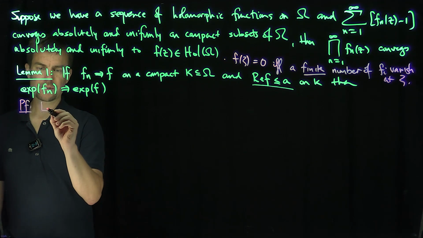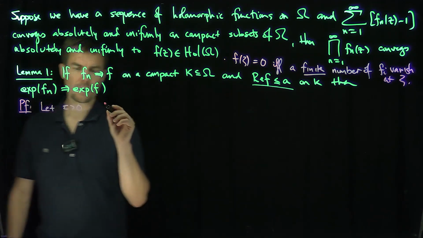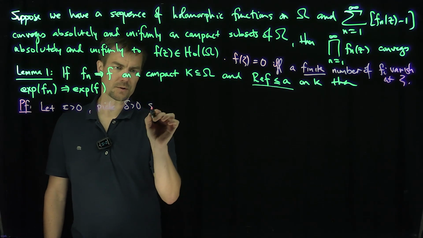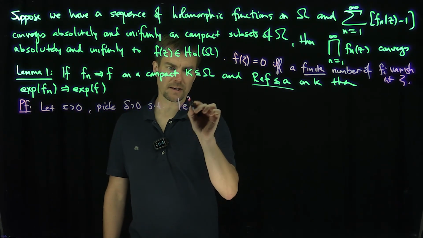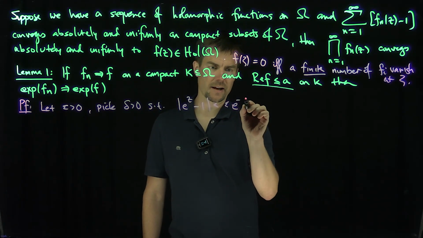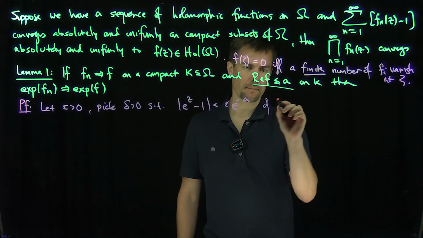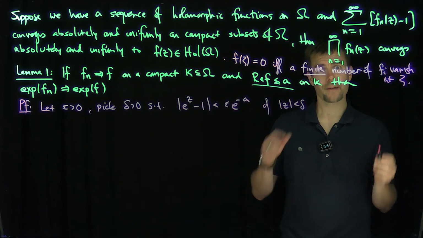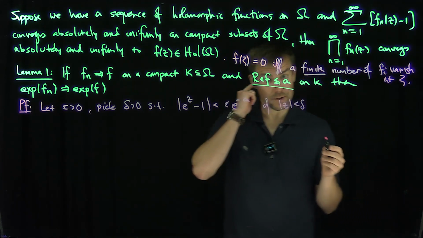Okay, so let epsilon be greater than 0 and pick delta such that |e^z - 1| is less than epsilon times e to the negative a if the modulus of z is less than delta. That's the continuity of the exponential, right? That's near 0, right?